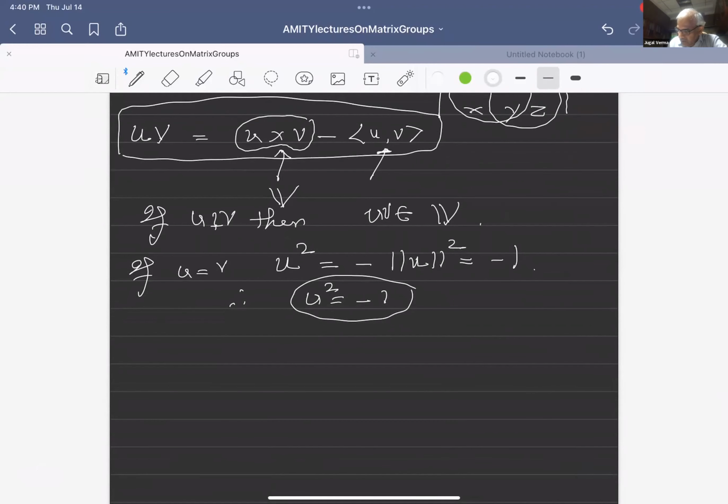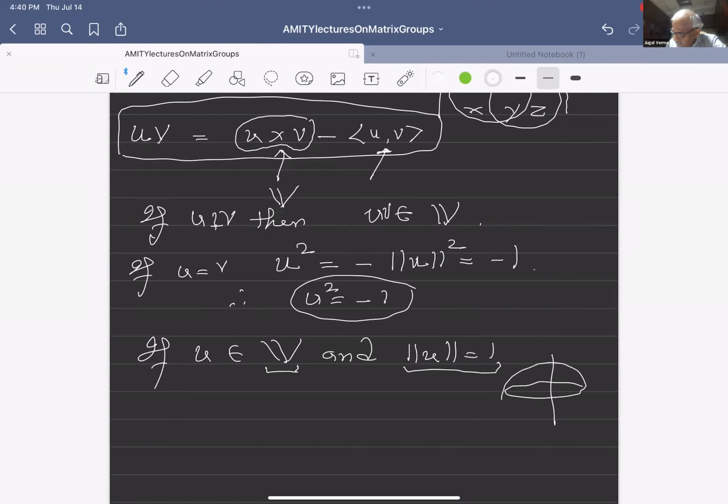Okay. So let me write, if U belongs to V, which is the set of purely imaginary quaternions, and the length of U is 1. V is a three-dimensional space. Length of U equal to 1 means it is on the unit sphere. This unit sphere is in three-dimensional space. My three-dimensional space is V, the set of imaginary quaternions.